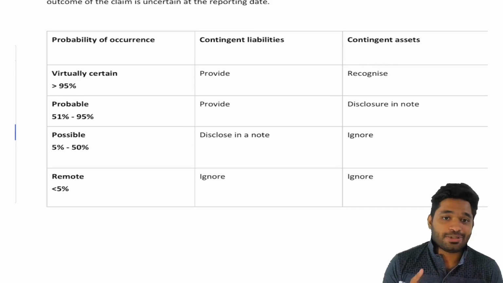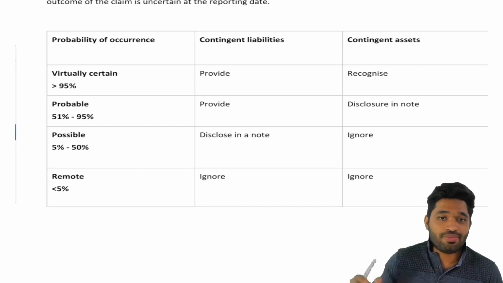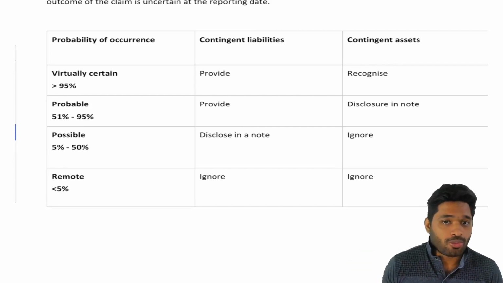Then 95% and above, that is called virtually certain. You're 100% sure you're going to win it, right? So at both these situations, if it is a liability, if you have to pay, if it's an outflow of economic benefits and the probability of it occurring is either virtually certain or probable, then you need to keep a provision, right?